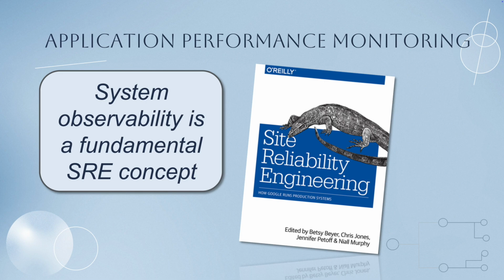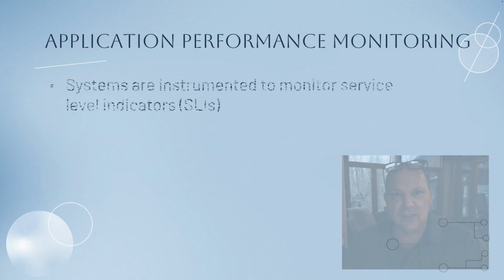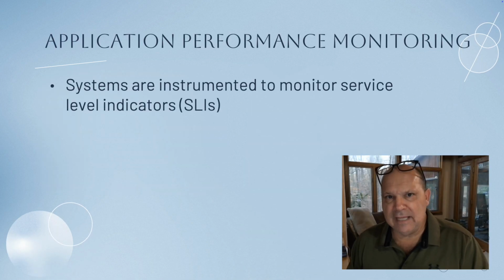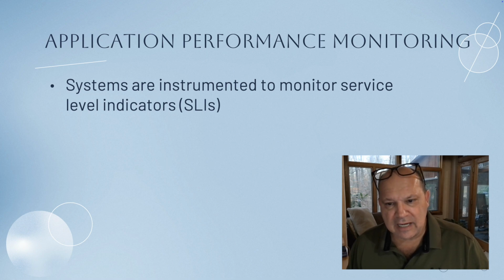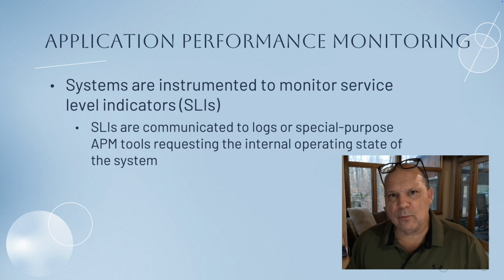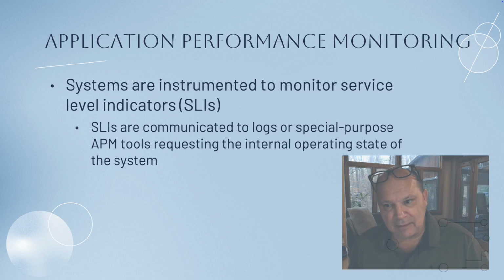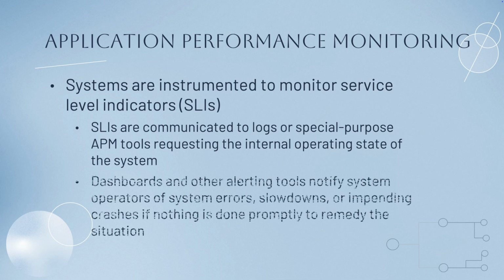And APM works by instrumenting systems with logic to check the system states or performance values in real time. These values are often labeled as service level indicators or SLIs, and we can use special software to monitor the values of these SLIs over time and see if we need to alert on behavior that we're not expecting.